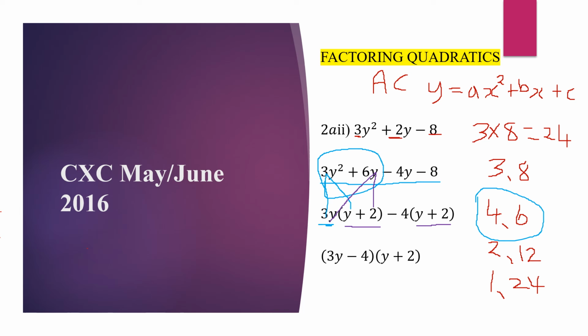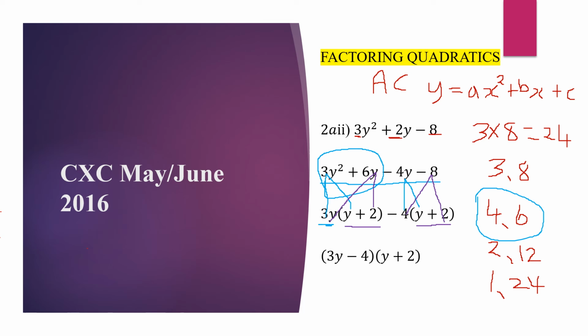And so we divide. y into minus 4y gives us minus 4, and 2 into negative 8 gives us negative 4.